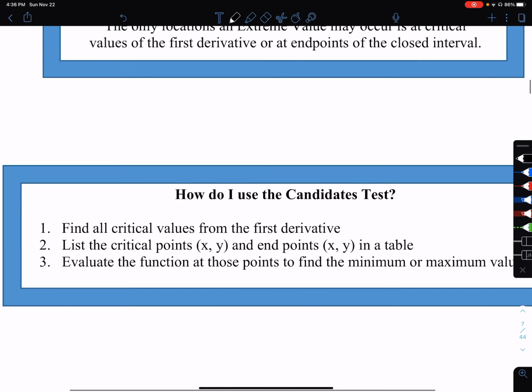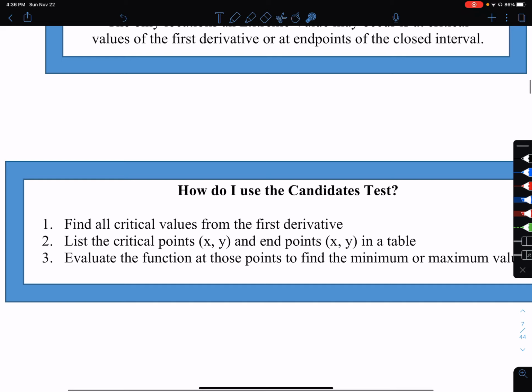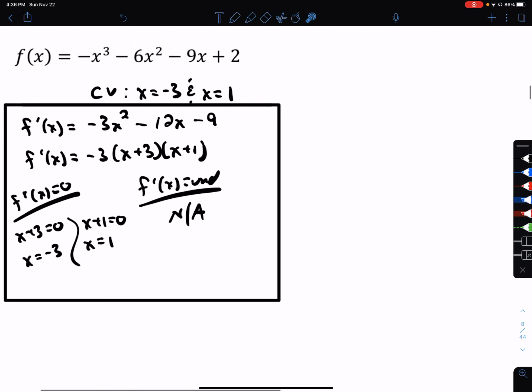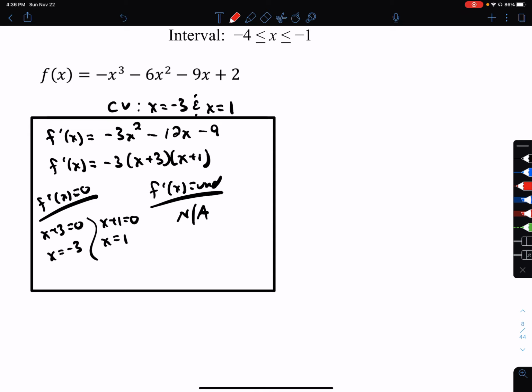If we look back just real quick, how do we use the candidates test? Find all critical values from the first derivative. Just did that. List the critical points and endpoints in a table. That's what we're going to do next. I'm going to make a little xy table, and my y is going to be, you know, this whole mess here, also known as f.